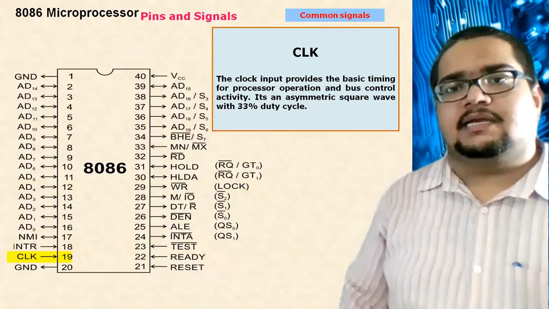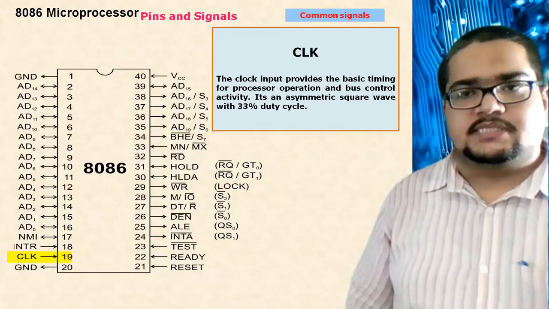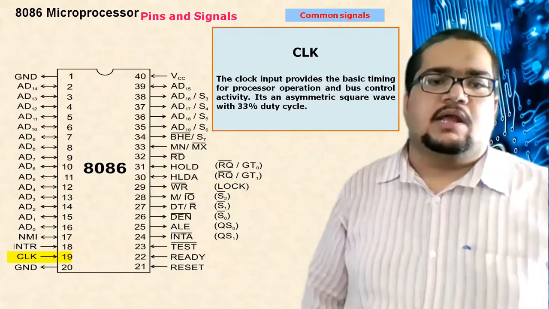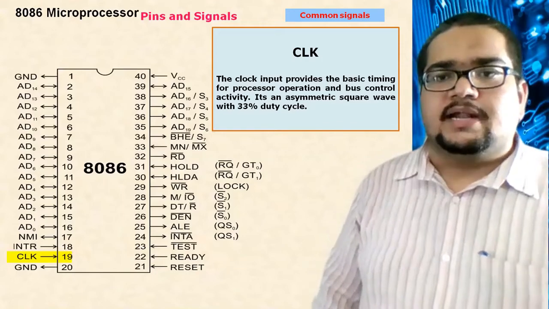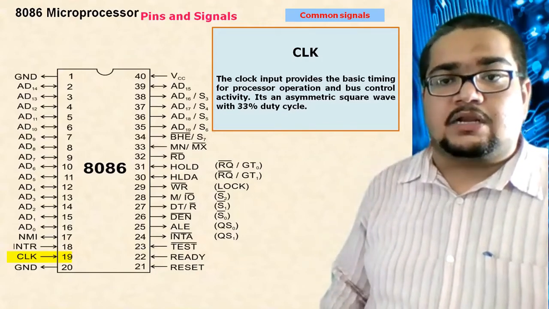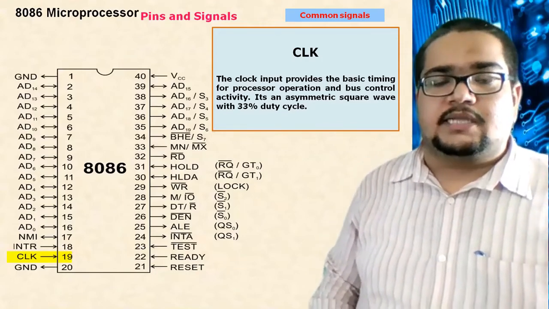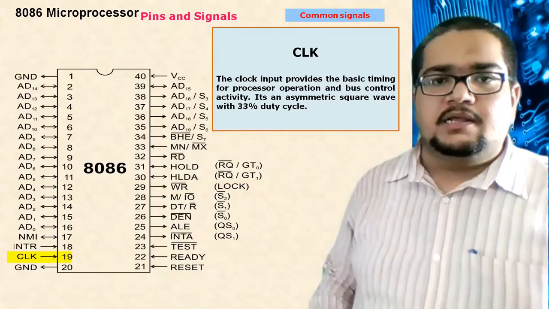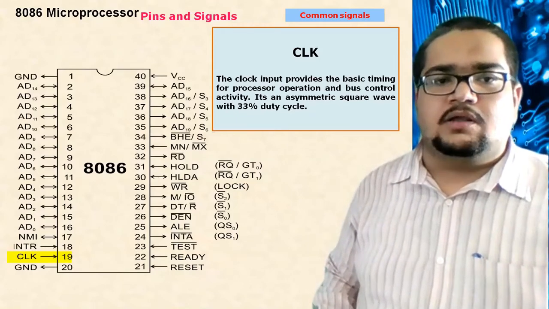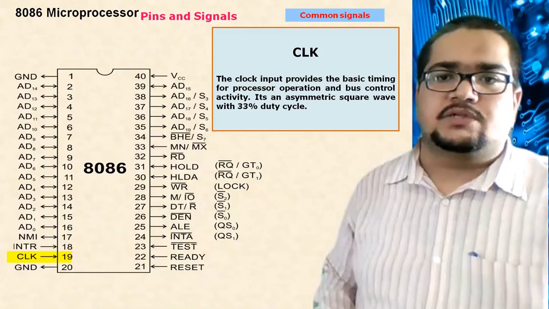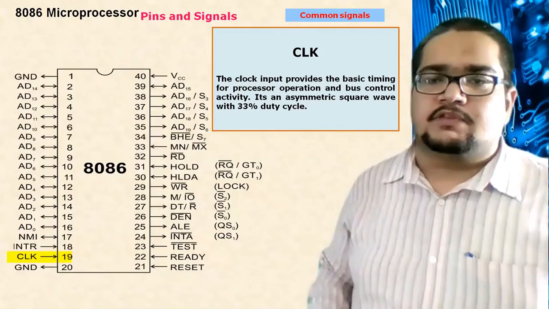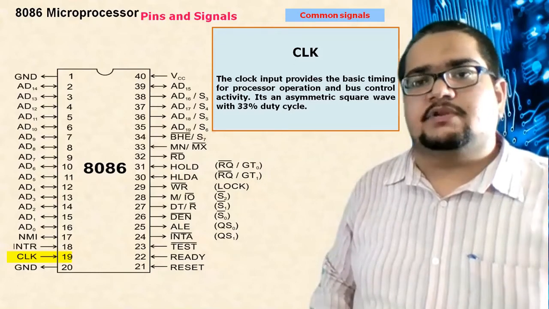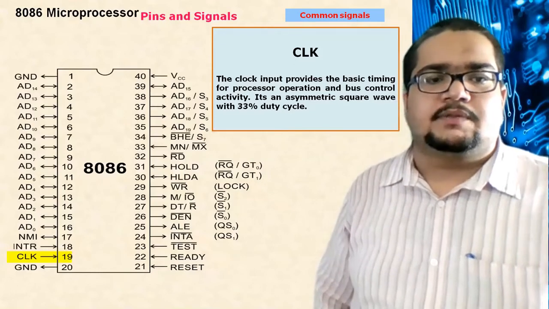So any integrated digital circuit which is synchronous requires a clock. And as we have studied in the features of 8086, 8086 does not have any internal clocking circuitry. It cannot generate its own clock internally. You have to give an external clock at pin number 19 to the 8086 such that it can have a clock for working. Without a clock, the processor or this IC will not work. Okay.